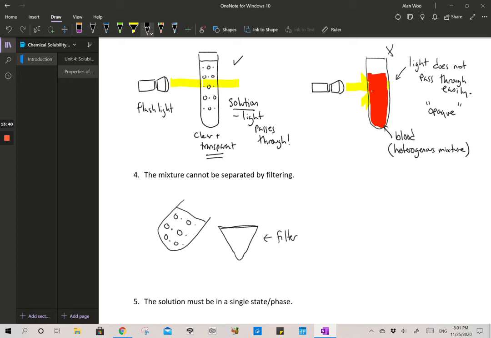Filters generally separate solids from liquids. So if I pour this through, what comes out at the bottom should still be my solution. So none of the solutes and solvents have been separated by filtering.